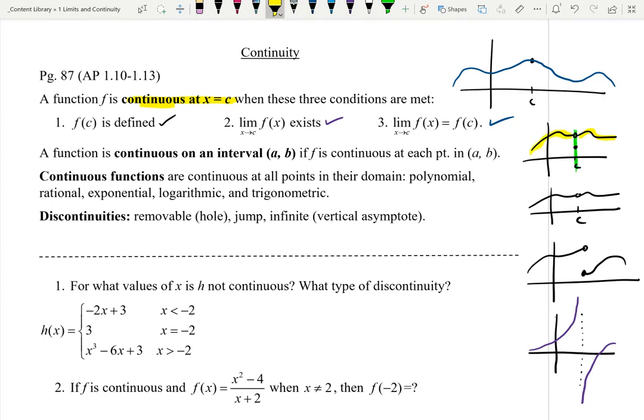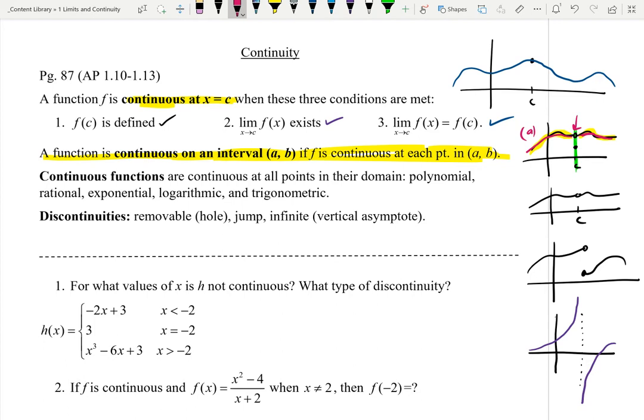We just don't have it at c. So this statement right here, a function is continuous on an open interval if it's continuous at each point in the interval. So for the graph I'll call A here, it is actually continuous over this entire interval and over this entire interval. It's just not continuous at c.